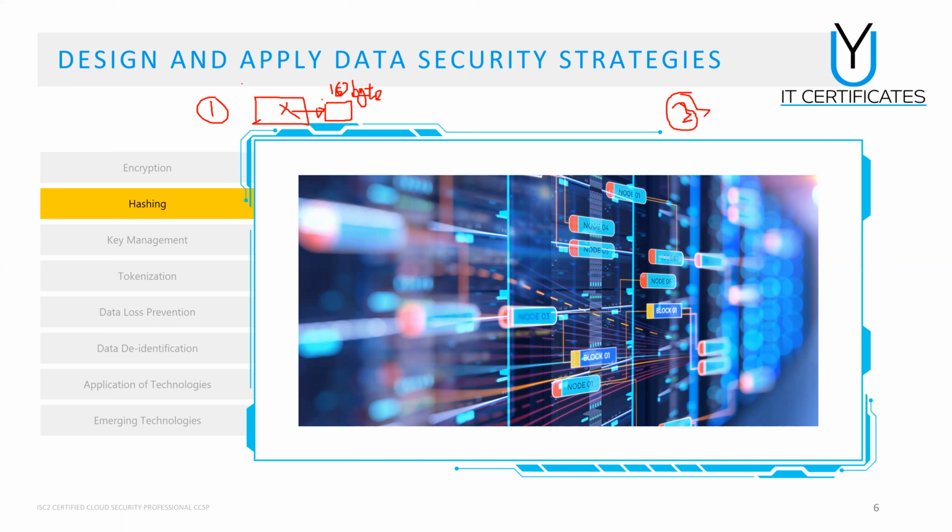I will send the message from host number 1 to user number 2. User number 2 will say, wow, I received a message and a hash. What can I do with the hash? Nothing. Just keep it aside for now.